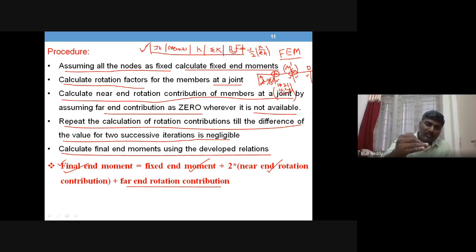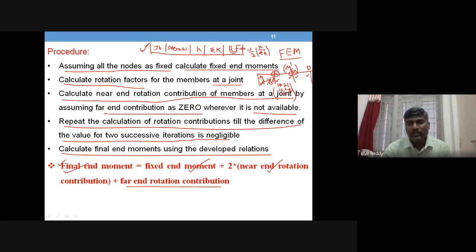You decide how much the difference between two consecutive values should be; almost 0.01 is acceptable. This is how we proceed with Kani's method.